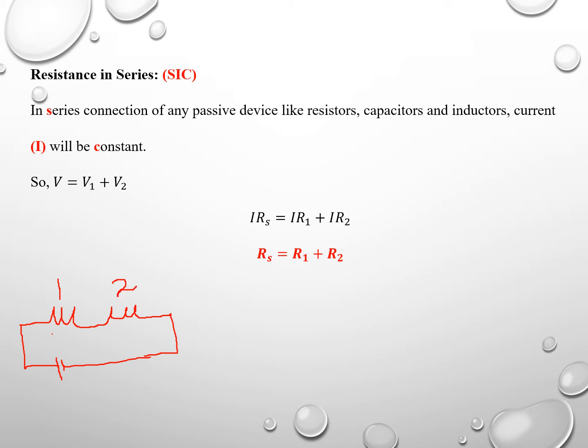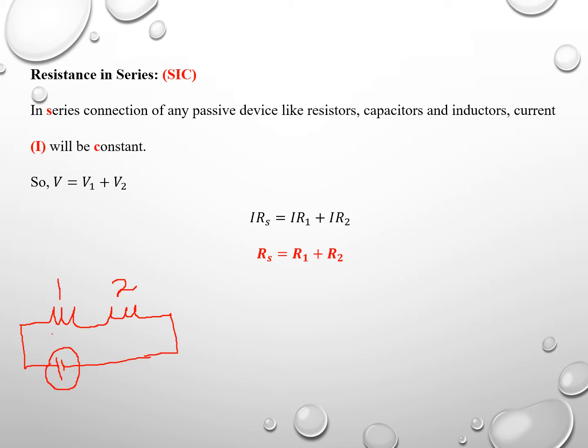If the current is constant, then the varying parameter will be the potential, because we know that the potential is directly proportional to the current as per Ohm's law. So the applied voltage which we are giving here will get divided among these two resistors.